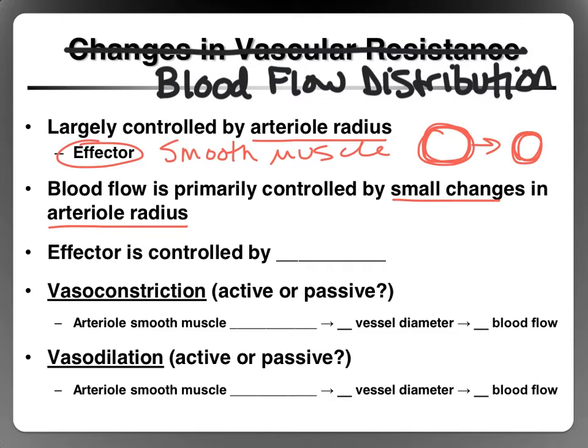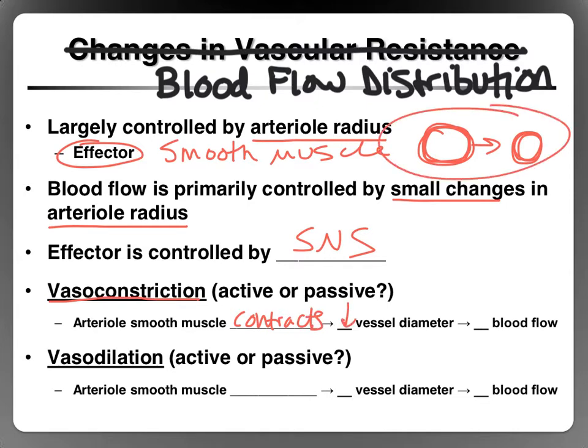And the effector, which is the smooth muscle, is controlled by the sympathetic nervous system, and we'll come back to that. So when an arteriole is told to contract, we call that vasoconstriction, okay? And the smooth muscle contracts, which causes the diameter to get smaller.